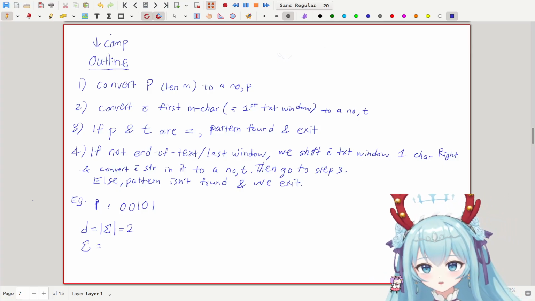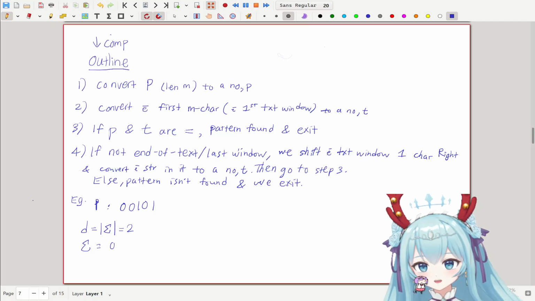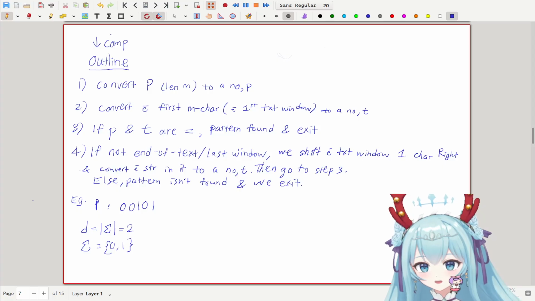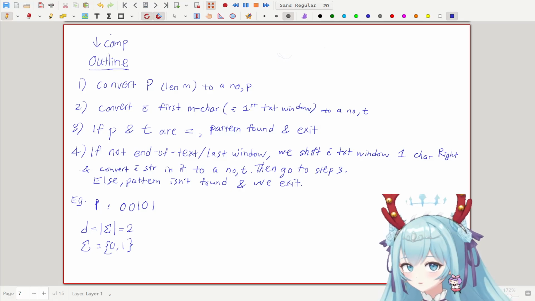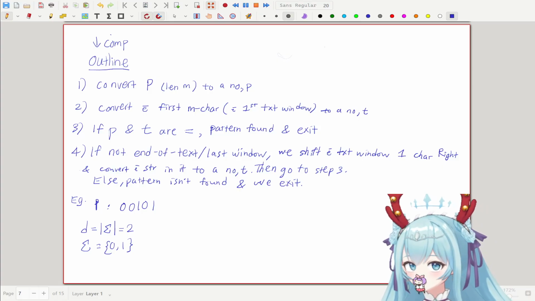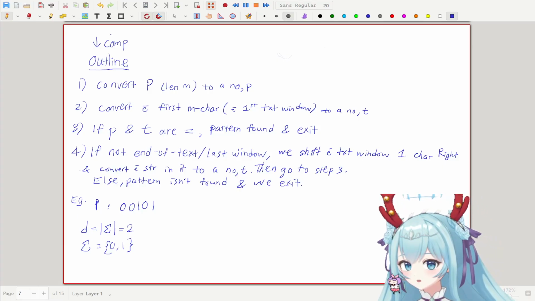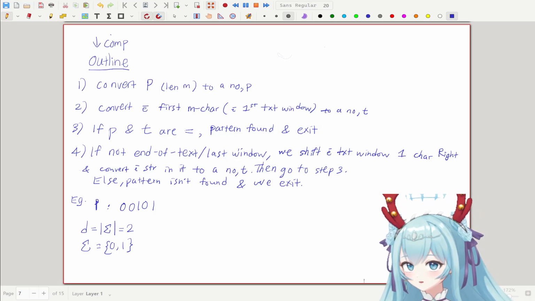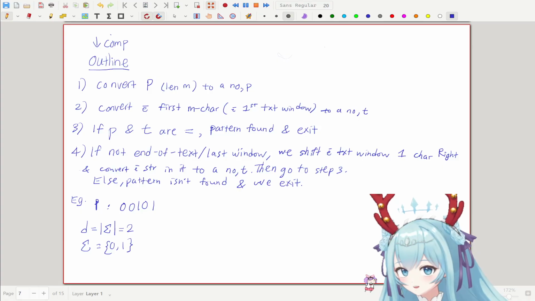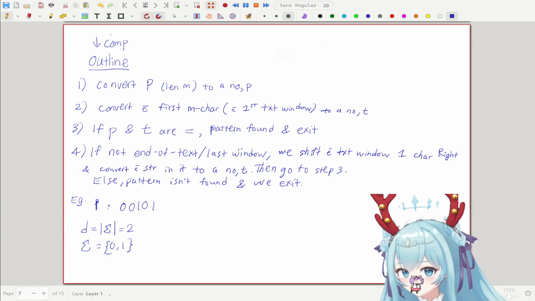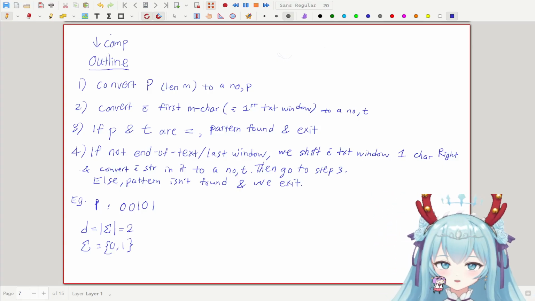So our sigma is 0, 1. This is called sigma, and we'll go through more examples later as well.